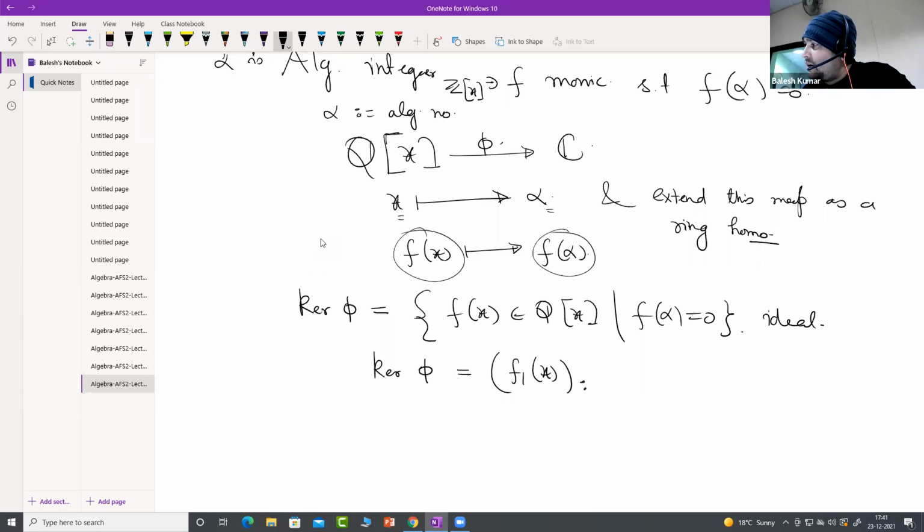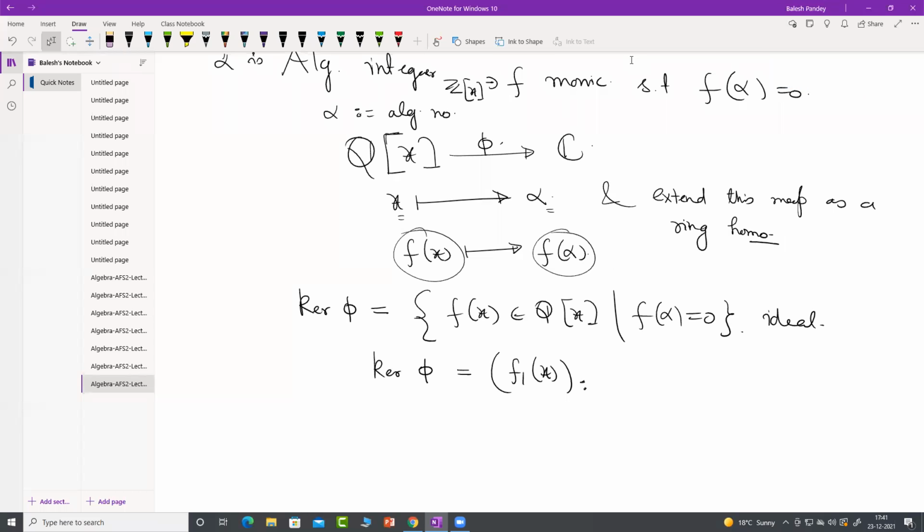Irreducible. Why should f1 be irreducible? This will be the minimal polynomial. Of course, yes, the least degree polynomial.